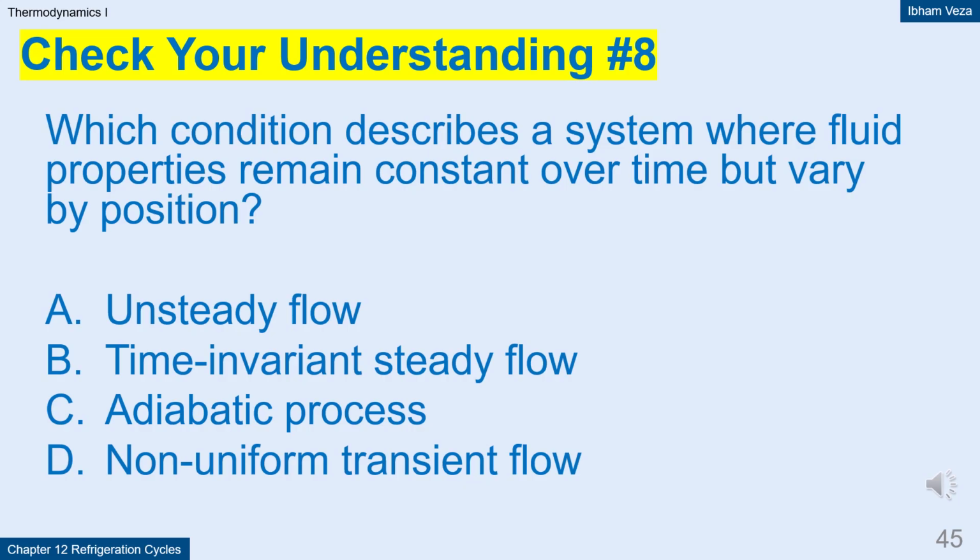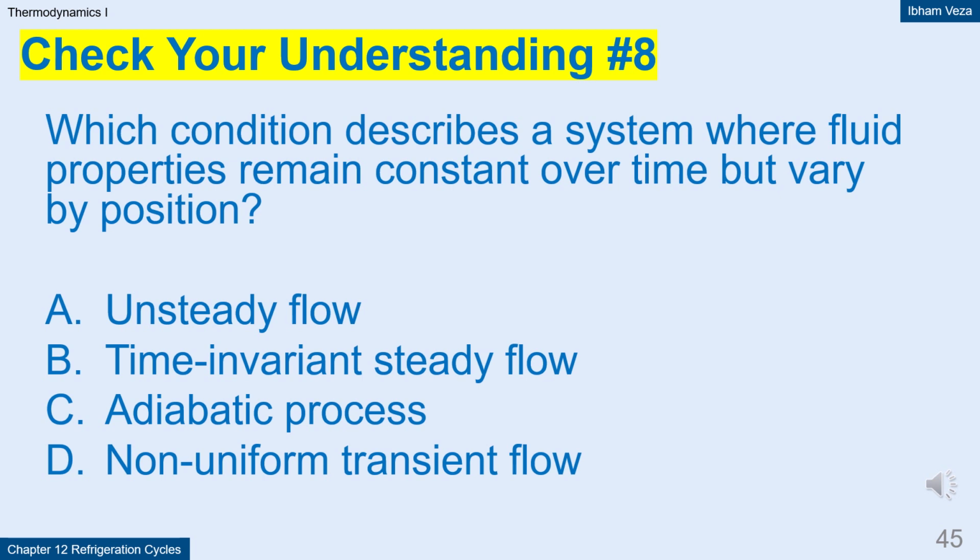Answer B. Time invariant steady flow. Explanation of why other answers are wrong. A. Unsteady flow. Incorrect because unsteady flow involves changes in fluid properties over time, which contradicts the constant over time condition.